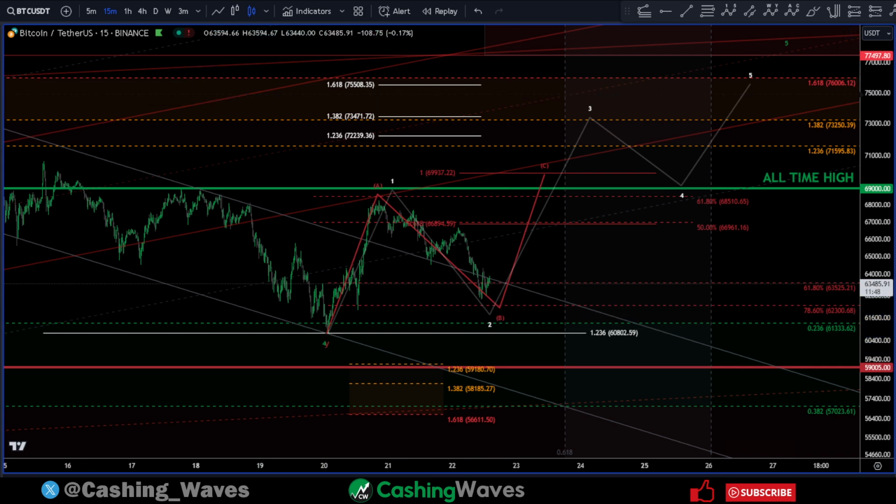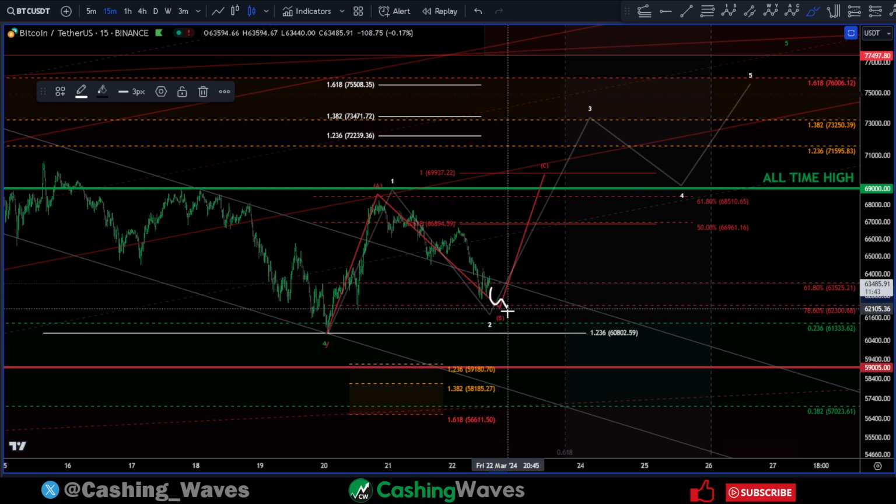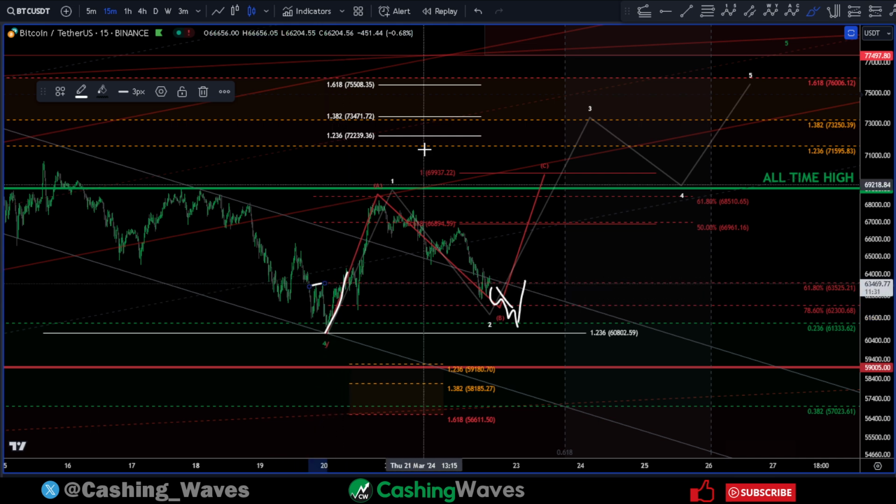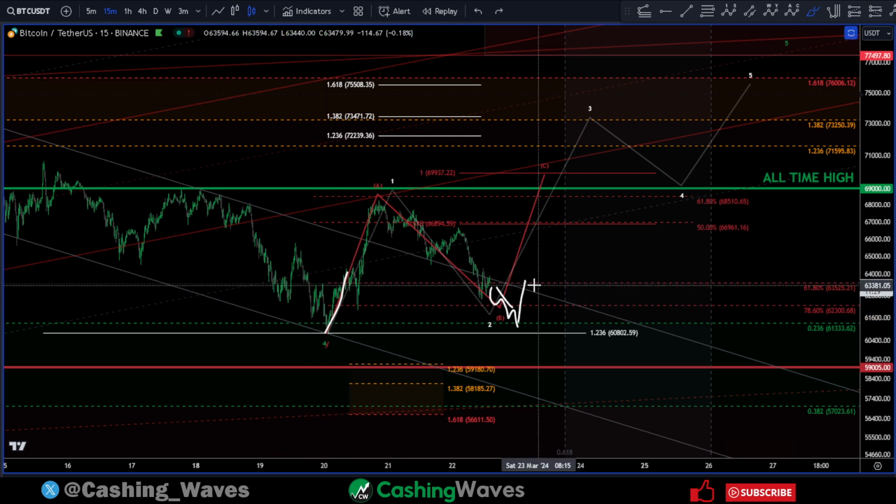Say we get something like this. Say this isn't complete, and we just come down in some sort of diagonal on the very micro, like the 5-minute chart, but then we get a nice reversal, very strong move, very small candle like here, how we reversed above this previous resistance, and then we can wait for the pullback.